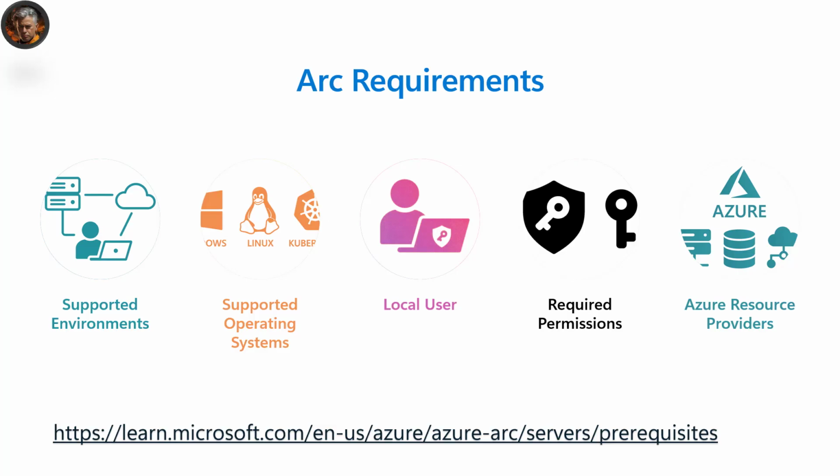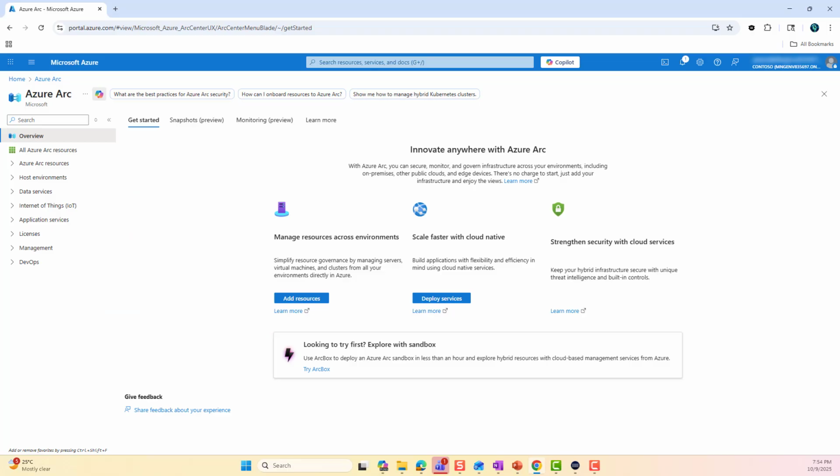Now that you know about the 5 requirements, let's navigate into the Azure portal to see in action how to review and add resource providers before we go to the final requirement, which is the network. Let's see the management of resource providers on the actual portal.